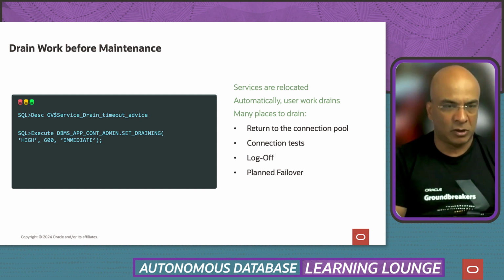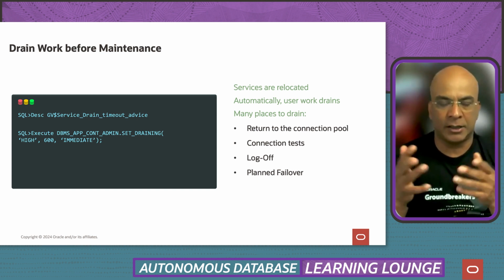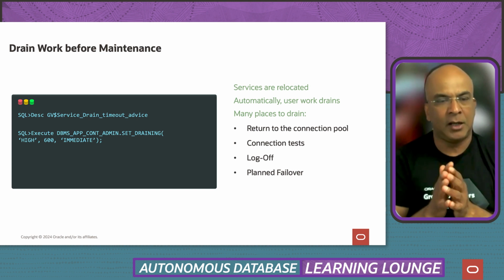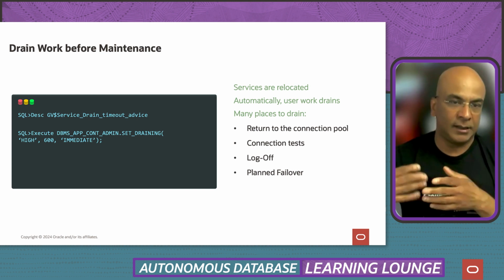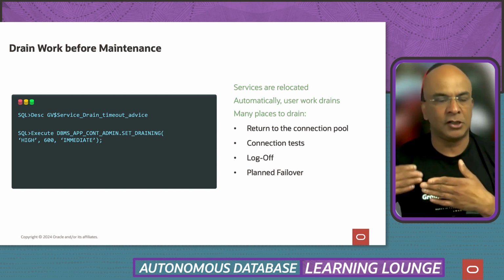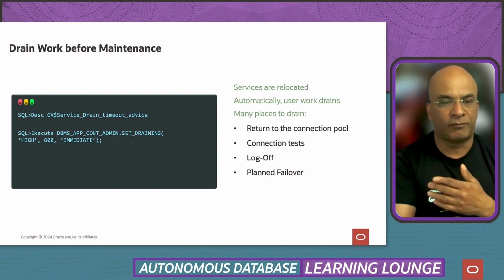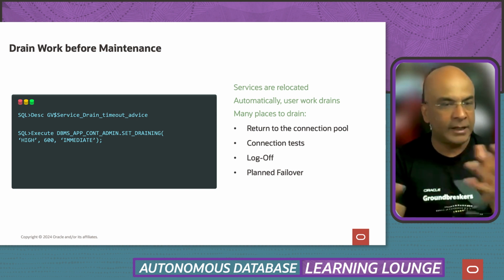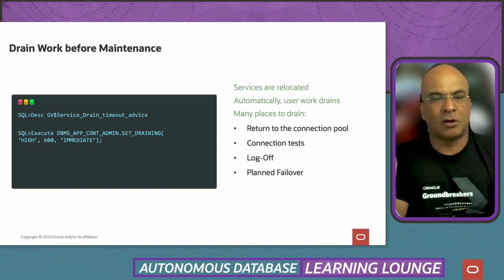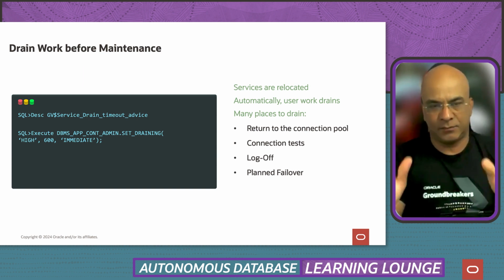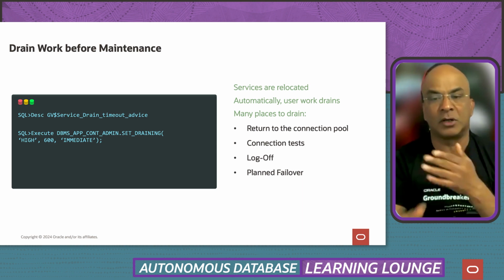So if you have a 2-node cluster and you say, I need to have 30 connections in my pool all the time, and because of this draining 15 are returned, then the application server needs to initiate 15 more connections from wherever the database can provide. With autonomous, you don't need to care. It's all taken care of in the backend. But I just provided that as an example of how it works.